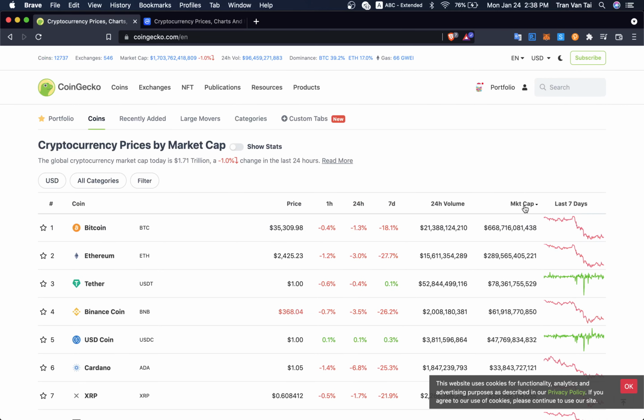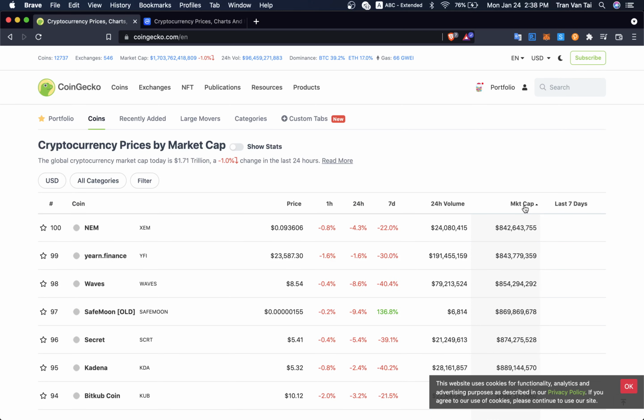You can sort by the market cap column here, ordered by descending or ascending, and the last 3 days.